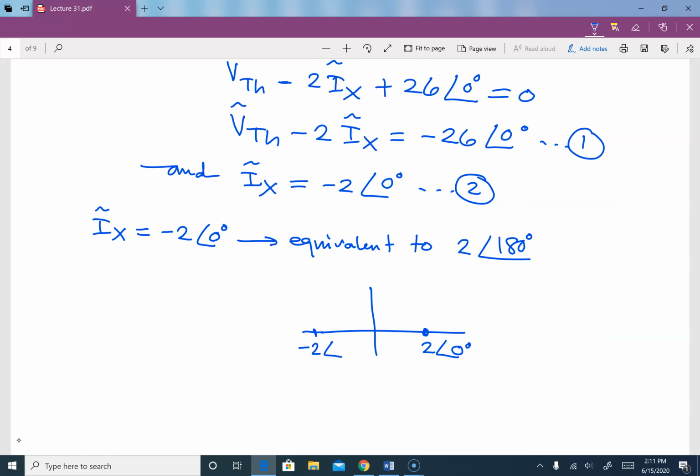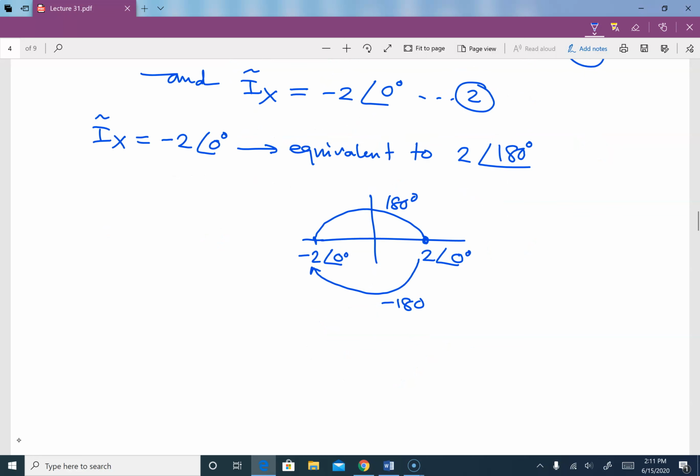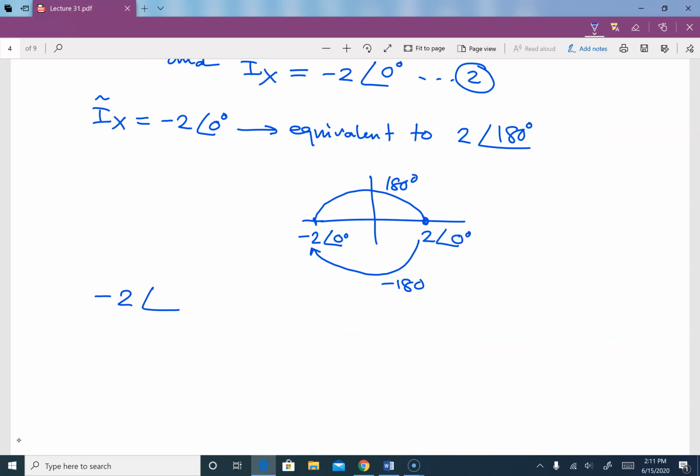So now we went from this point to that point with 180 degrees, or we can go from this point to that point with angle negative 180. So negative 2 with angle 0 is equal to 2 with angle 180, and at the same time is equal to 2 with angle negative 180. All of those are equivalent.